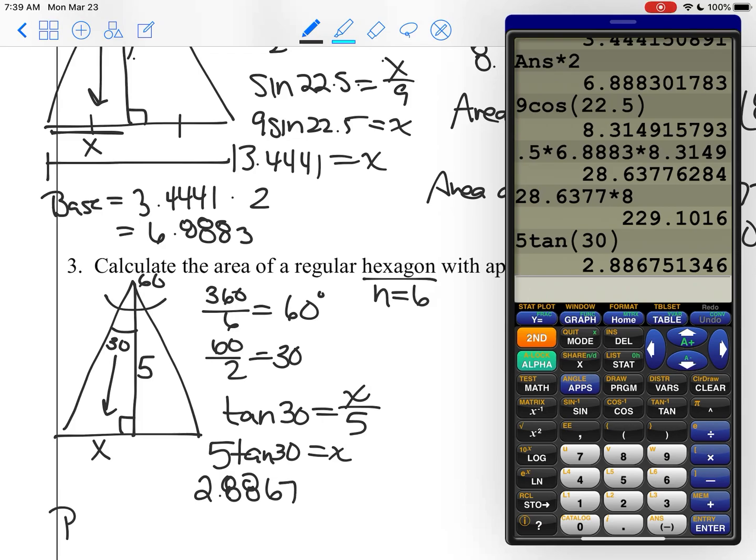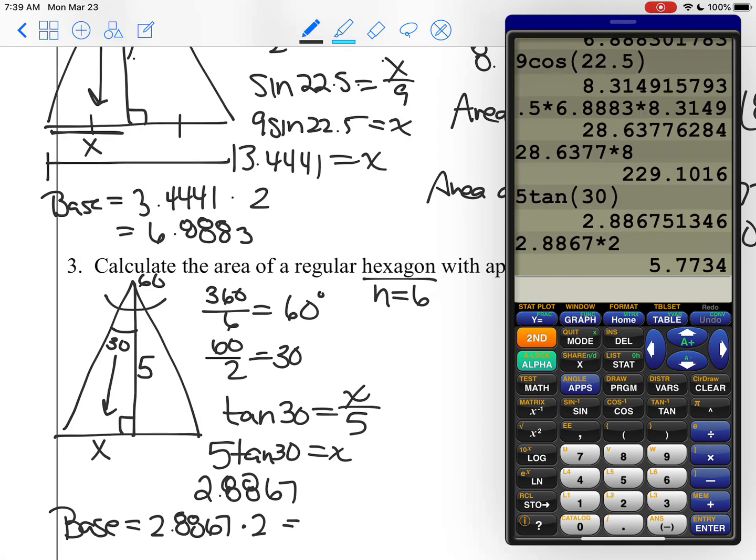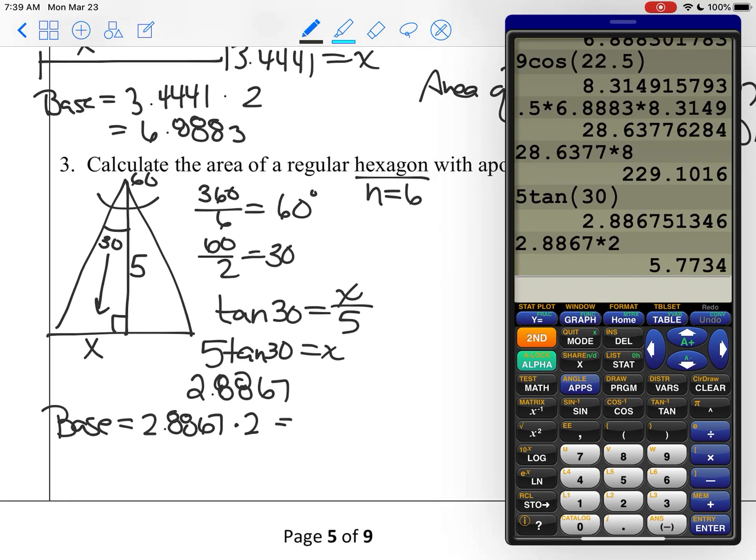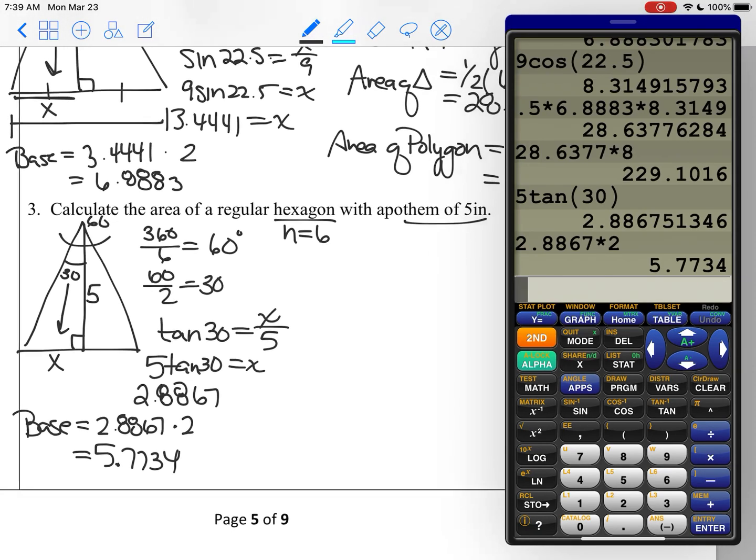But again, to find the base, we're going to times that by 2. 2.8867 times 2. And that gives me a base of 5.7734.